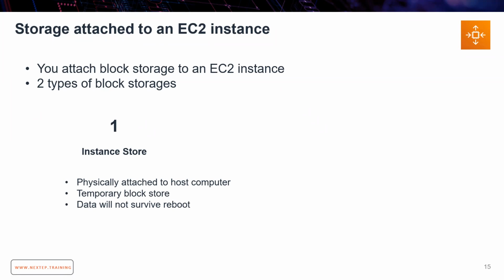When you stop your instance or reboot your instance, all the data stored on that temporary storage is gone. So you may be wondering, why do you use this? Well, we use this for in-memory databases, any in-memory caching, etc. That's what we use instance store for. Okay.